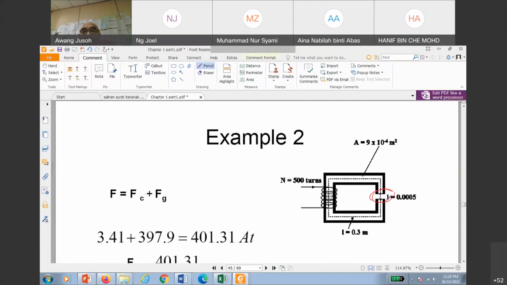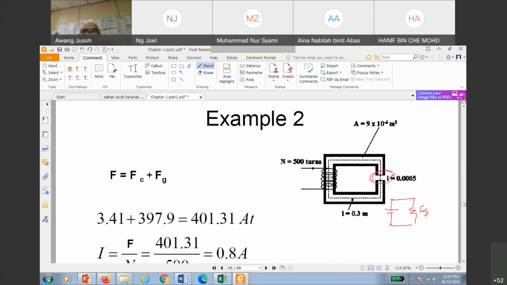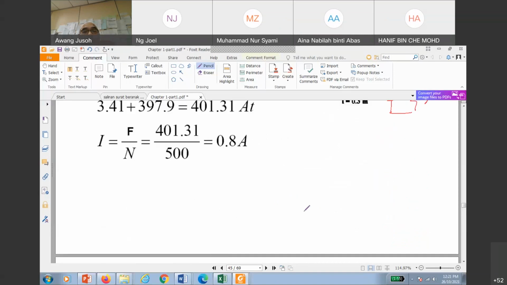That means the circuit just has Ni and a gap, one medium, which is the gap. If we say the system is linear, later on we simplify things to solve the problem. So the core will be removed, and energy is only stored in the air gap.